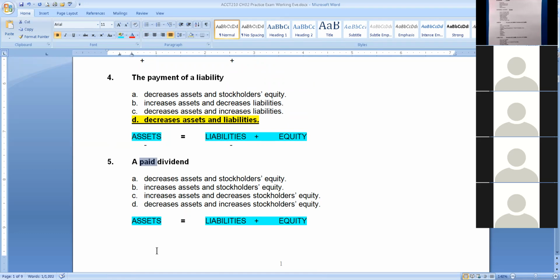All right, paid a dividend. Paid means what? Cash. Yeah, probably cash. Going up or down? Down. Okay, now this is where it gets a little bit tricky. The dividends will actually reduce the retained earnings. And the retained earnings go in which section?